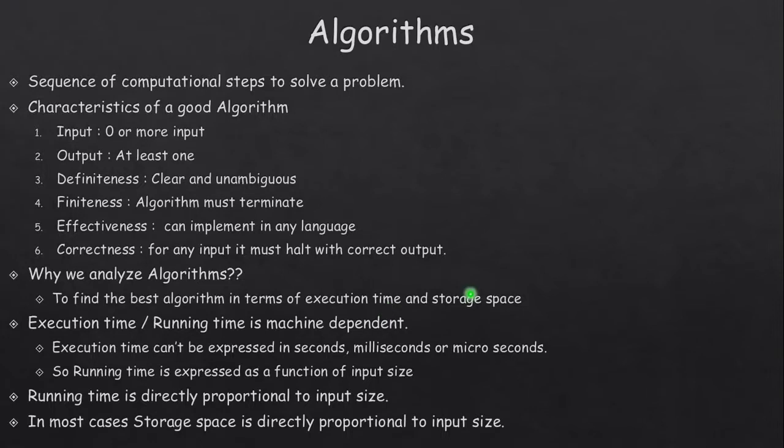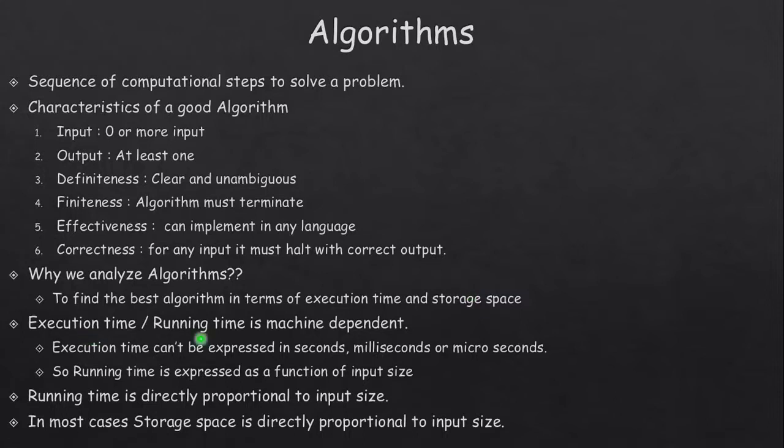How much space is needed in memory to execute that algorithm. There also we always go for minimum storage space. So we analyze algorithms to find the best algorithm in terms of speed and space. We always go for high speed algorithms, that means algorithms which take less execution time, and also algorithms which take less storage space.